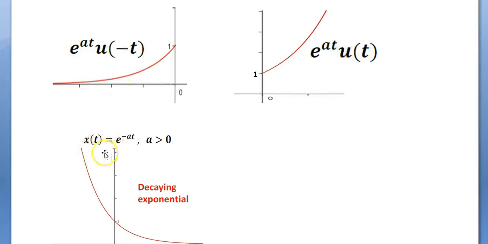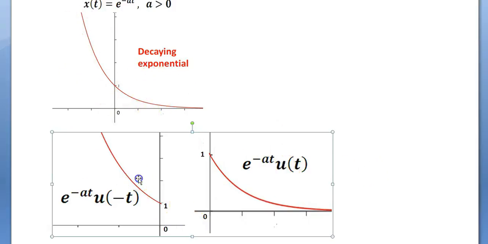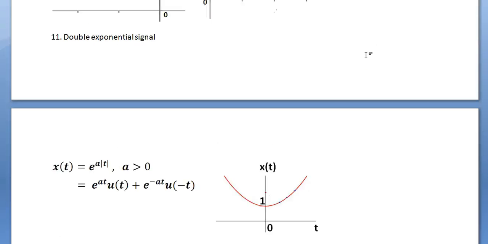Next one is decaying exponential, e power minus at. It's decaying with respect to time. If we take this side, multiply with u of t. If we take this side, multiply with u of minus t. Next one is a double exponential. Here e power a mod t will be like this.